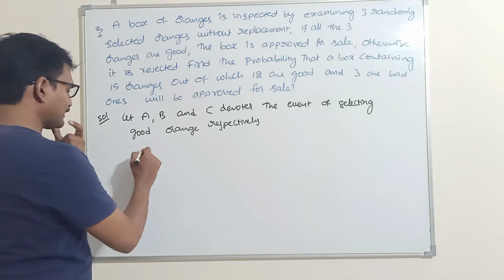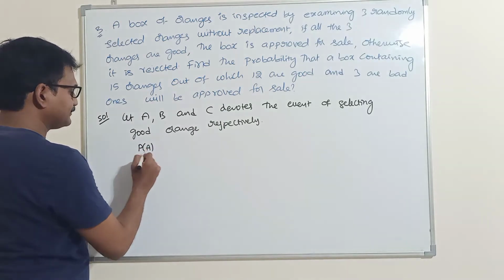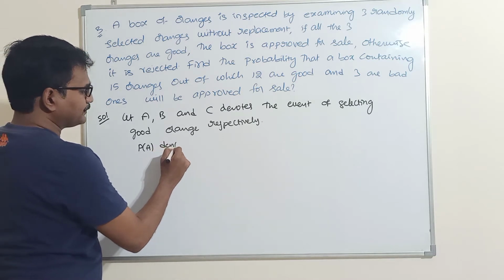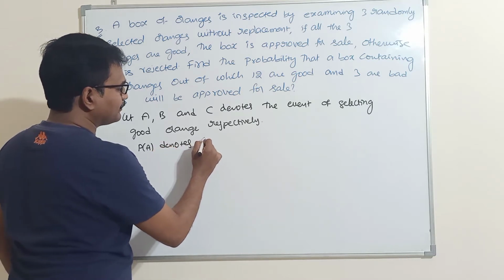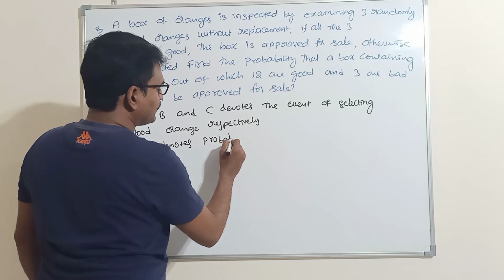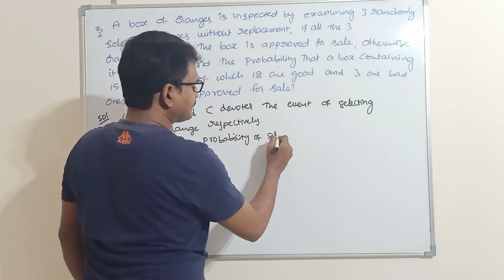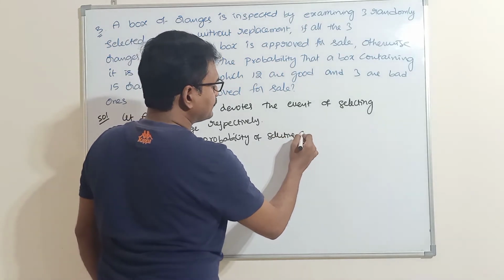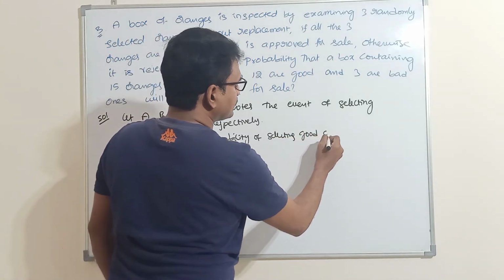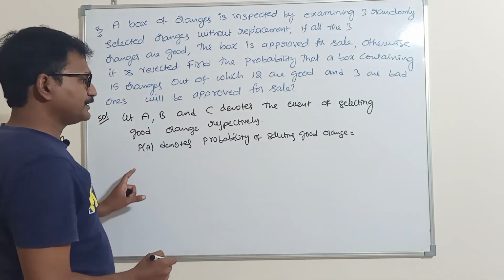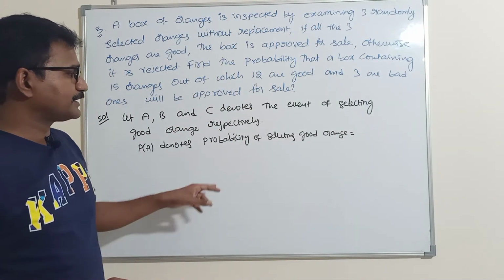Next, first P of A. Let P of A denote the probability of selecting a good orange.